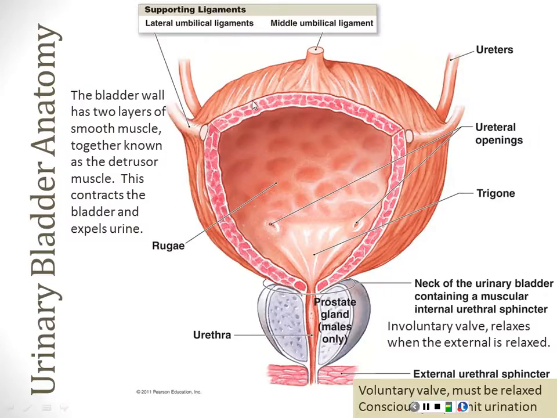Okay, so let's look at the bladder itself. Remember how I said that the ureters actually empty into the bottom? Well, here the ureter is coming down, and it looks like they join at the top, right? But they don't. They actually continue along the side of the bladder, and the holes are here and here, so they enter at the bottom.